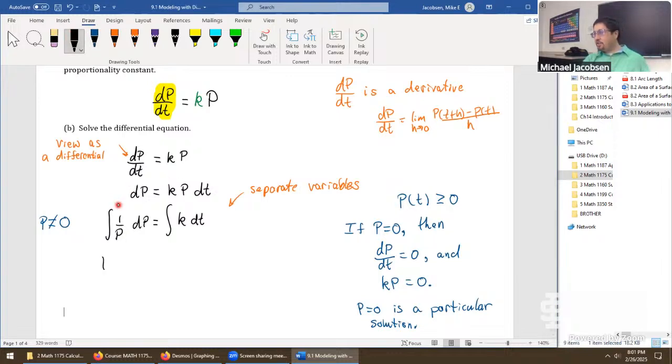It's going to be the natural log, absolute value of p. We put in absolute values because that's just our process. We don't want to forget to do that. But we're asserting the population is non-negative, so we can drop it on the next step if we like. On the right-hand side, it's a constant k, but if we're integrating with respect to t, we multiply it by t.